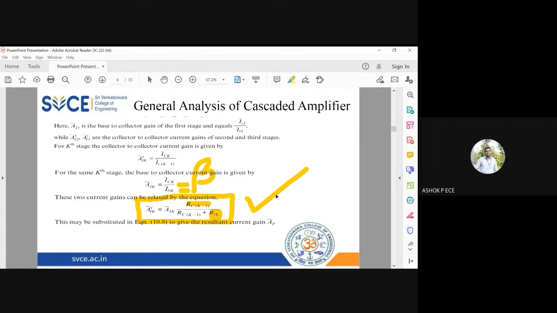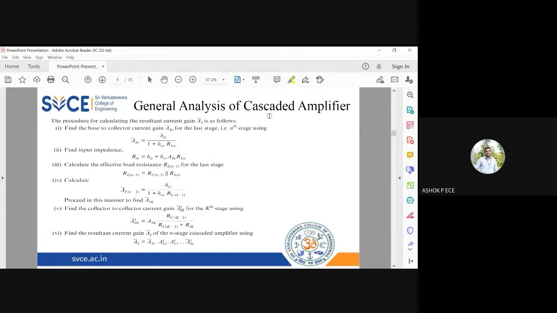Okay, so please understand these formulas, and it is very easy to remember them. So this is the procedure you follow for a cascaded amplifier. Generally for different stages, if you have two stages, we are going to analyze stage by stage. So always we will start from the last stage and come backwards. So we start from the nth stage, we find gain, we find input impedance, we find the load resistance, we find the current gain for the previous stage, the actual current gain, and then we'll find the overall current gain.